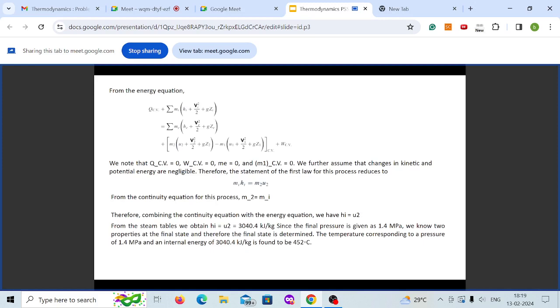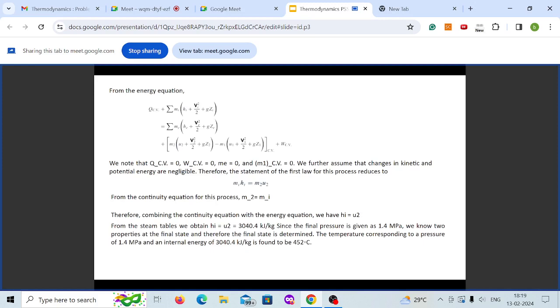But if it's an unsteady state, just like ours, our tank initially was empty, and then it gets filled, and it reaches some pressure, and at that point your energy will be different. So in that case, we also need to account for the change in energy of the system.